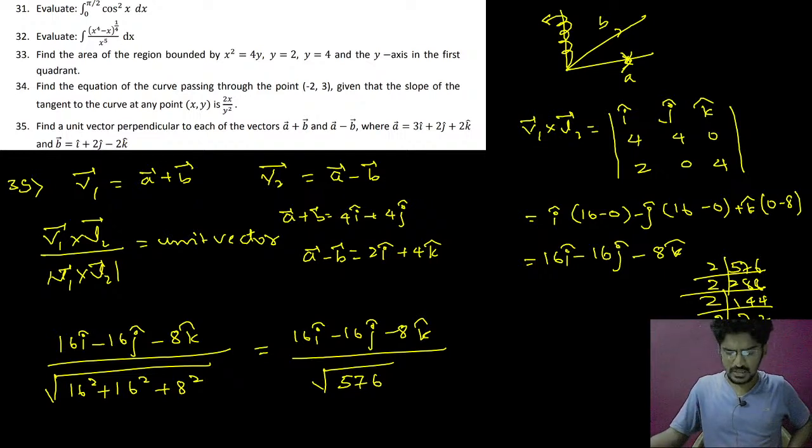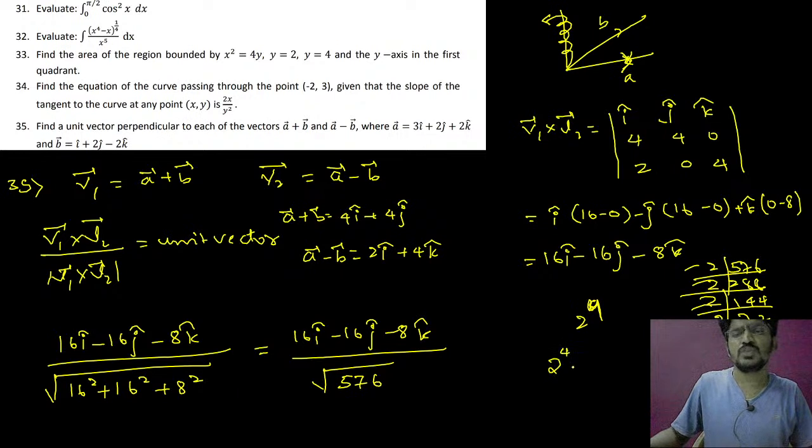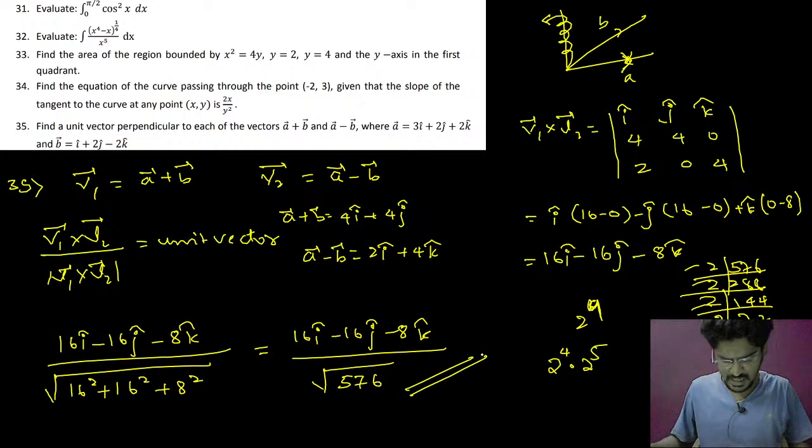You just check, 576 can be written as what? 1 2 3 4 5 6 7 8 9, 2 to the power of 9. Okay, so 2 to the power of 9 is nothing but what? 2 to the power of 4 into 2 to the power of 5. Otherwise you just write it this much, more than enough.